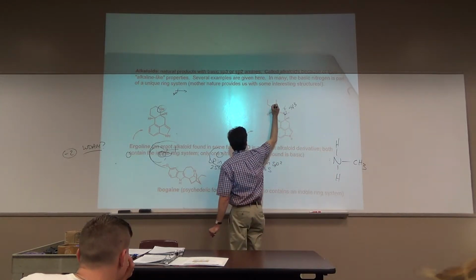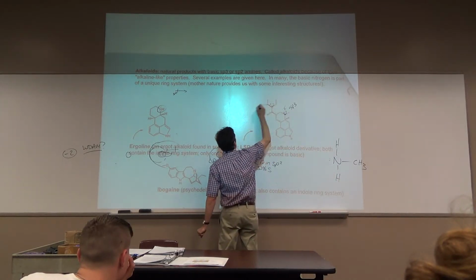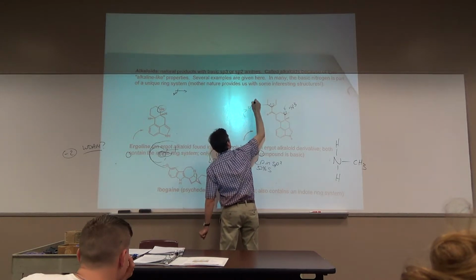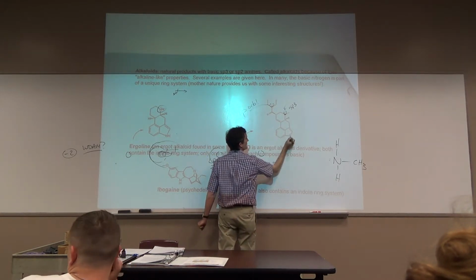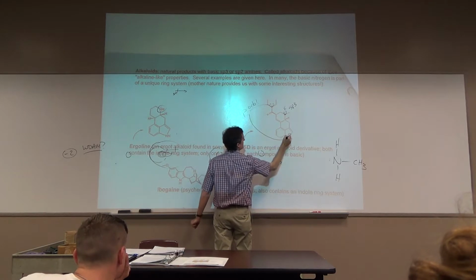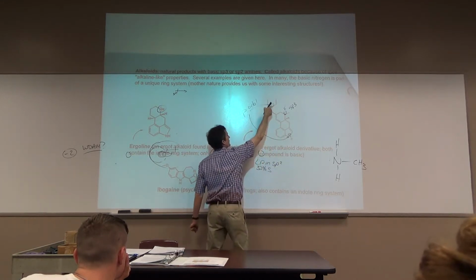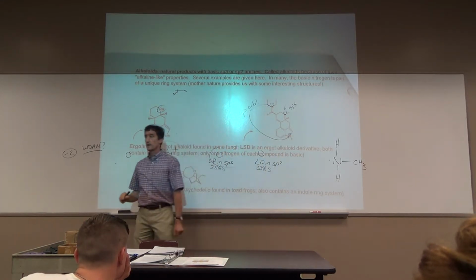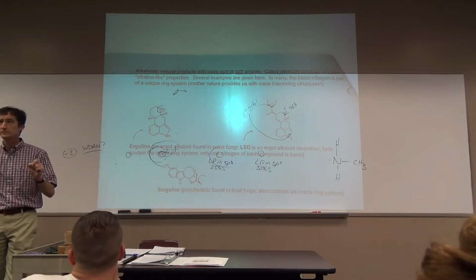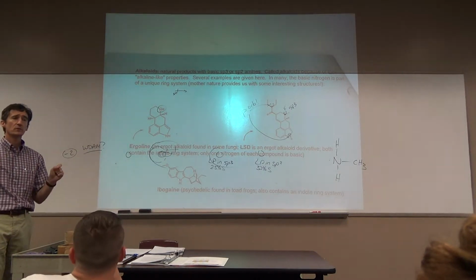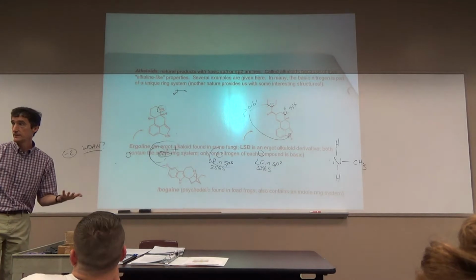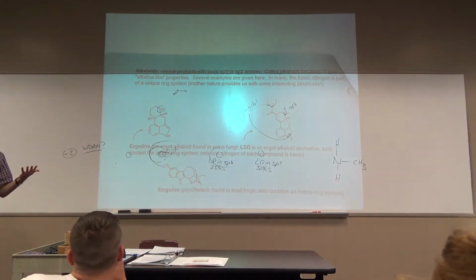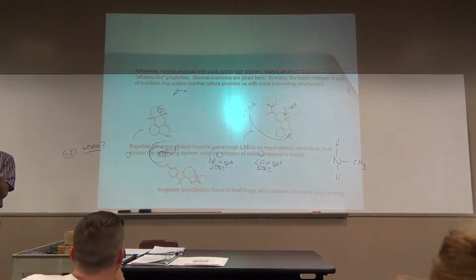What type of orbital is this lone pair in? P orbital. Yes. How about this one? P orbital. Those are in p orbitals. Make sure you understand why. Here's a point to remember. Lone pairs in p orbitals are typically not basic because they're busy conjugating with the other p orbitals.